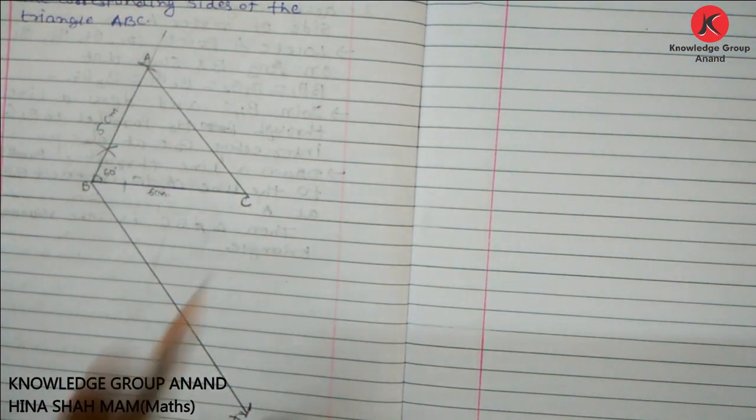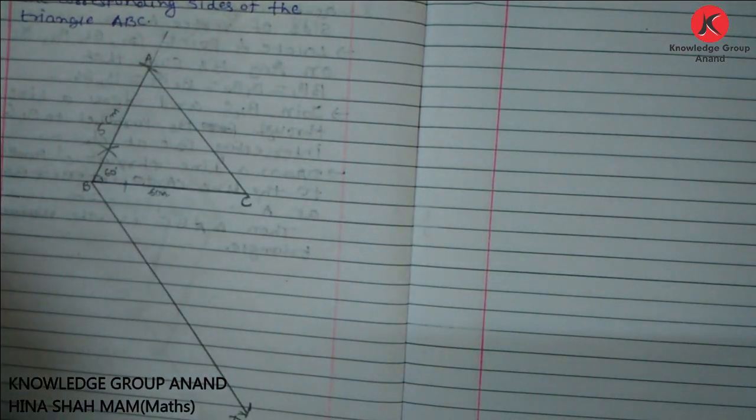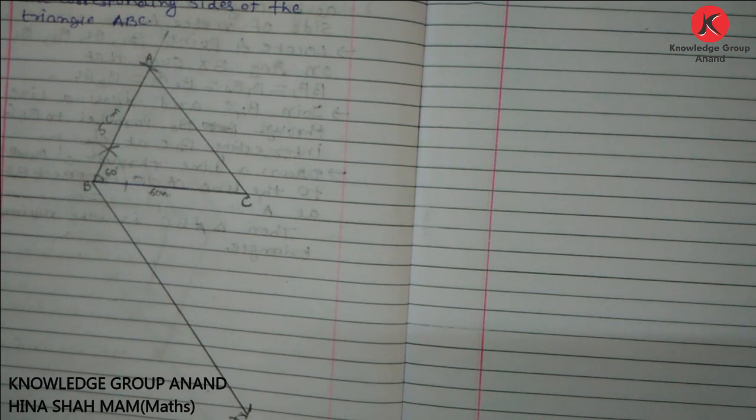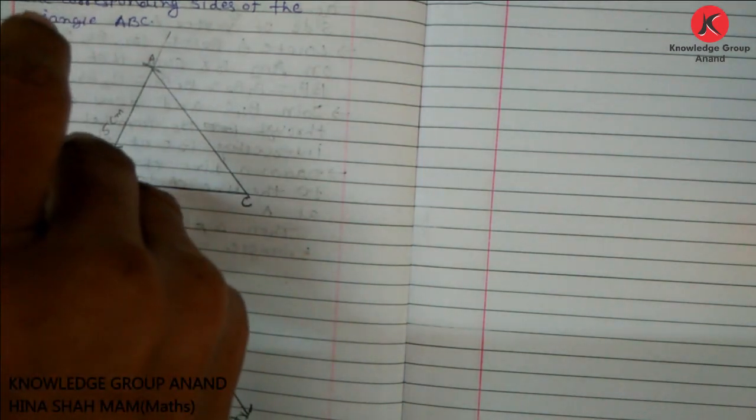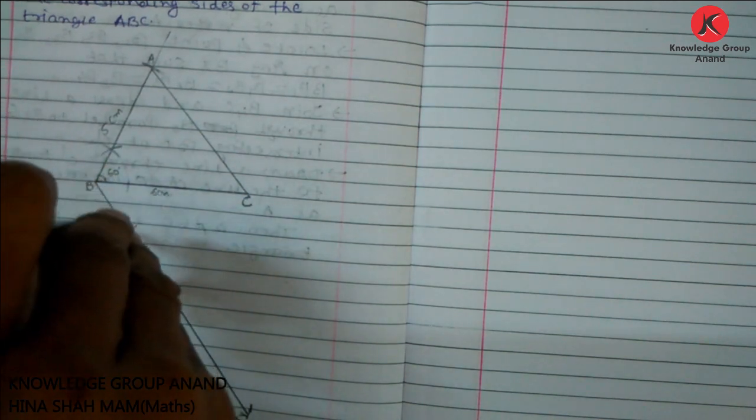How many parts? 3 by 4. Which number is greater? 4. Then take 4 points located on ray BX such that all measures are equal.